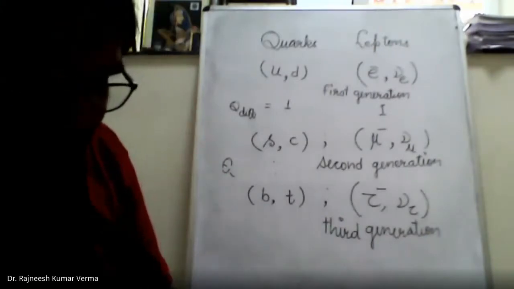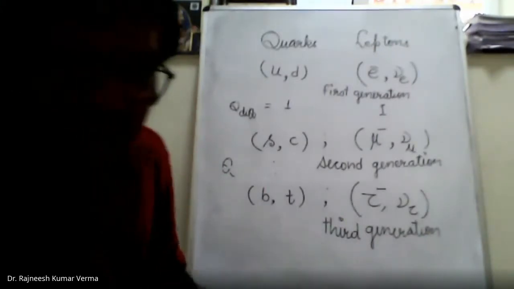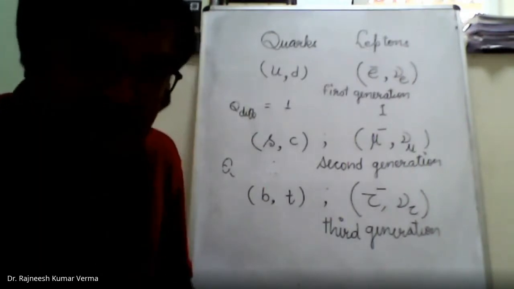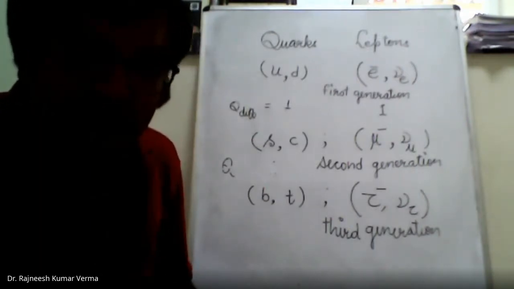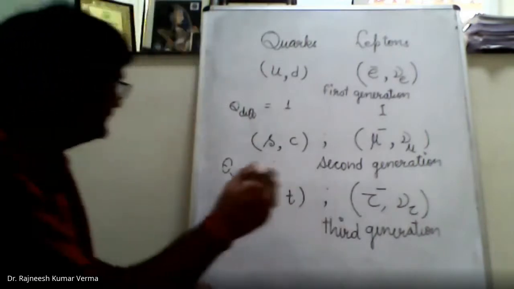So I can now say that the entire material world is composed of only two things.